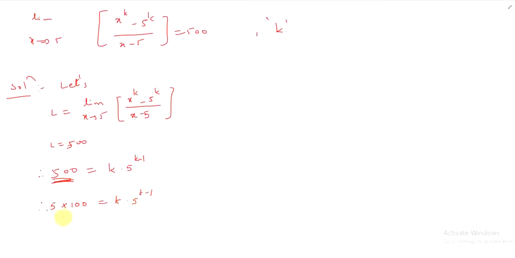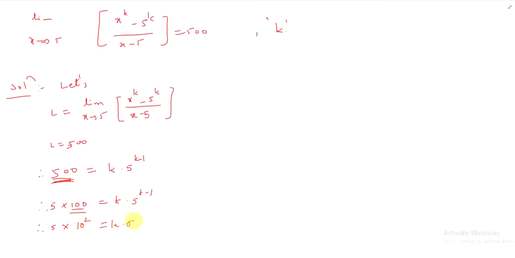Can we write this 100 in terms of any power function? 100 can be factorized in terms of 10 raised to 2, that is equal to 100.